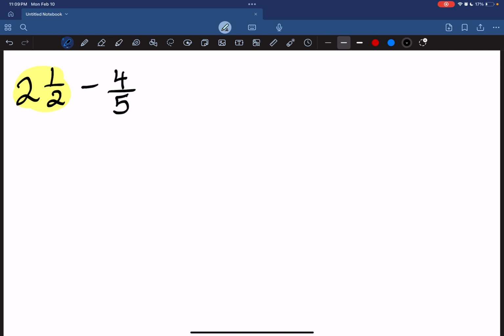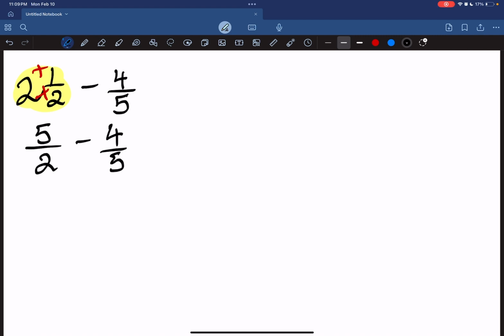Just multiply the whole number with the denominator, then add the numerator. So 2 times 2 gives me 4, and 4 plus 1 gives me 5. The denominator remains the same, minus 4 over 5.